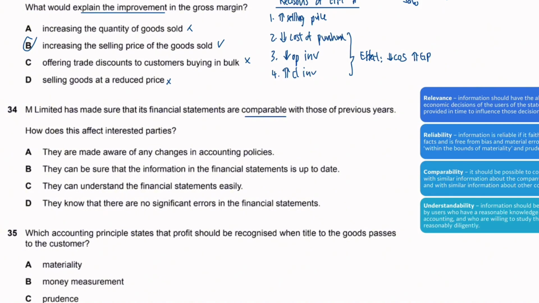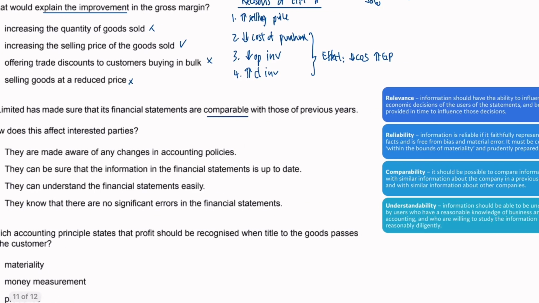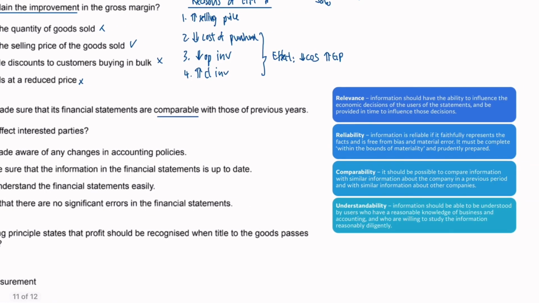Question 34. M Limited has made sure that its financial statements are comparable with those of the previous years. How does this affect interested parties? This question is testing you on the four accounting objectives. Here are the four objectives; you can take a look at their descriptions.